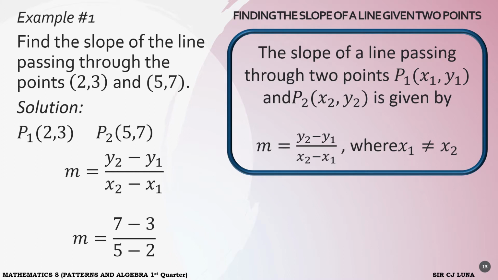So we now have 7 minus 3. And then for your denominator, x sub 2 is equal to 5, x sub 1 is equal to 2. So we have 5 minus 2. Let's solve now. 7 minus 3 is equal to 4. And 5 minus 2 is equal to 3. Since this is already in the lowest term, 4 over 3 is our answer for number 1.